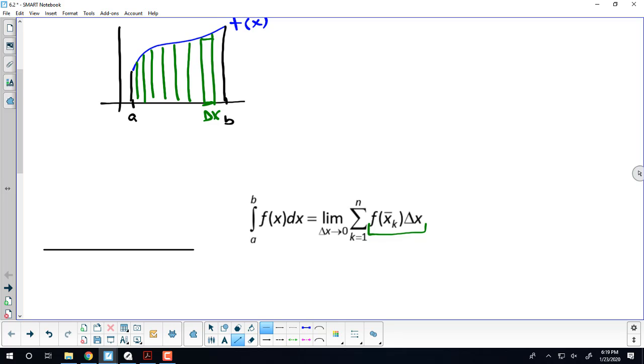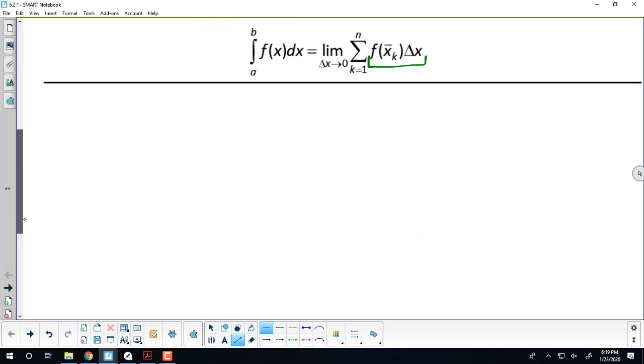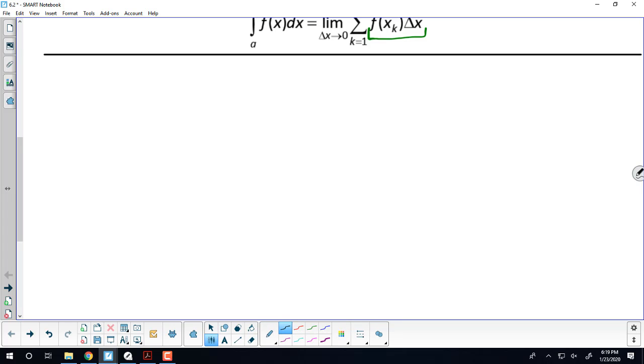What we're going to extend that to is, what if we're not looking for the area that's bound between a function and the axis? What if we want the area between two functions? And that's what 6.2 is all about.